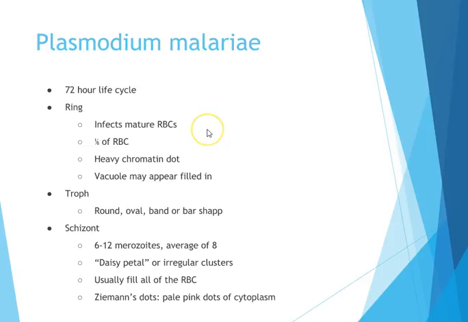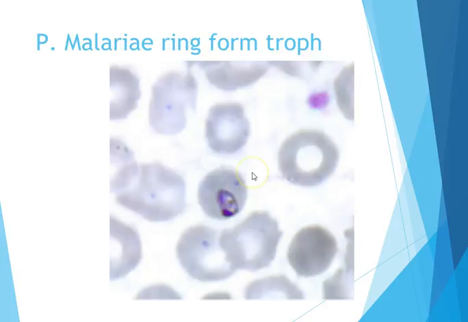The ring forms are a lot smaller, and they will look like they have a heavy chromatin dot, and the vacuole in the center may look like it's filled in. And this is what I mean. This is smaller compared to the entire red cell. The chromatin dot is heavier, and it looks like there's some stuff inside of the ring.